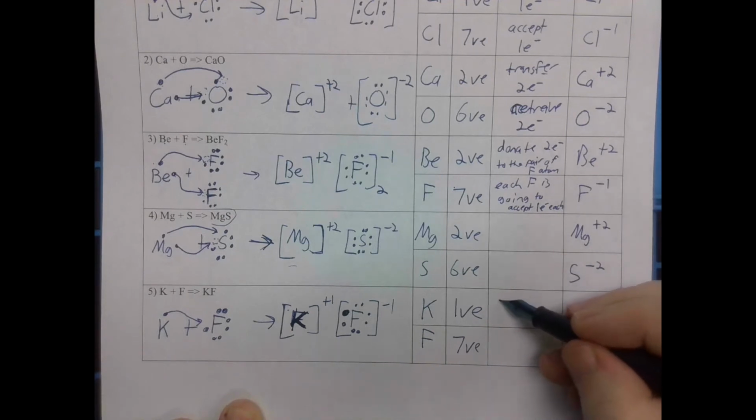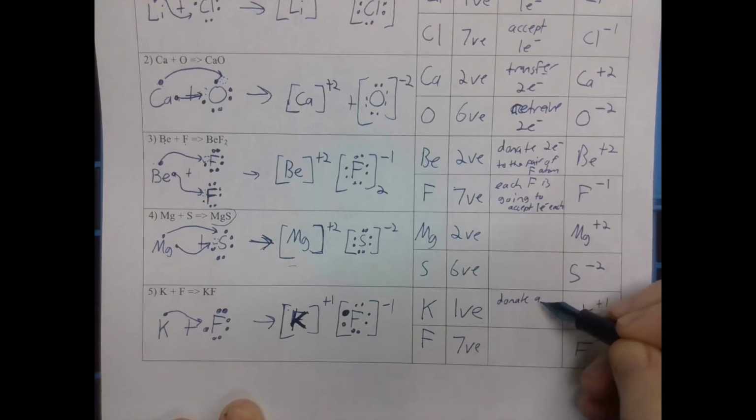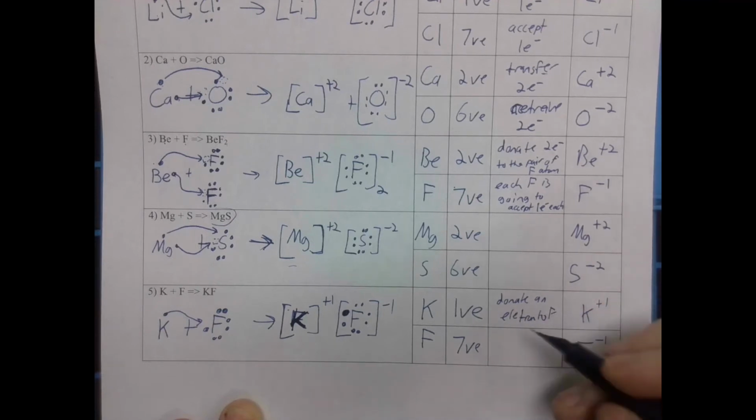So it's going to donate an electron to fluorine. And this one is going to accept 1 electron from potassium.